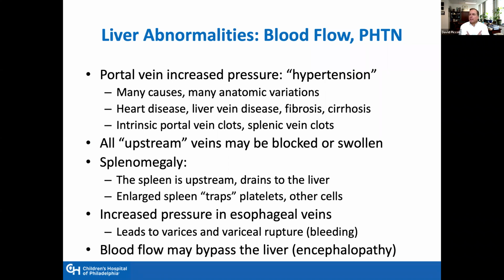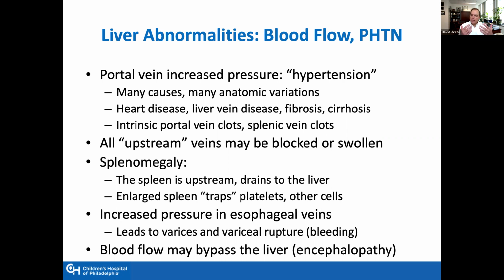But it's different than the kind of hypertension that everyone else talks about, where you get a blood pressure cuff and you have an arterial hypertension outside of this area. This is a venous pressure hypertension. It's a much lower number, but it actually has extraordinary consequences. It can happen from a number of different things, but when we're talking about Alagille syndrome, we're mostly talking about disease in the liver itself.